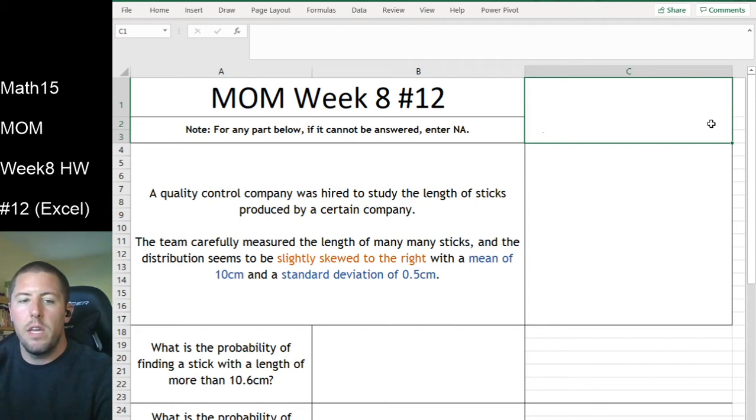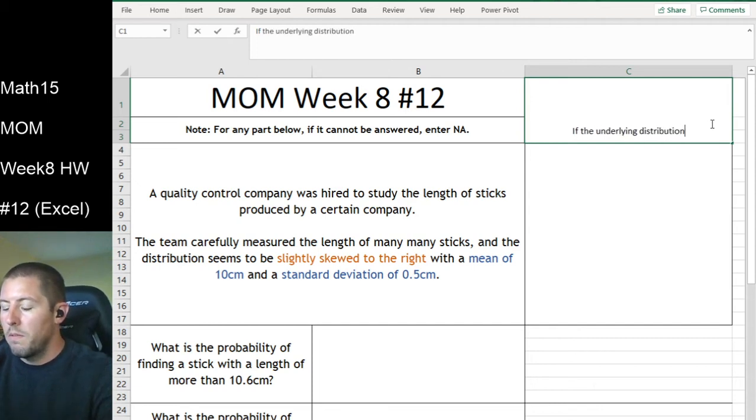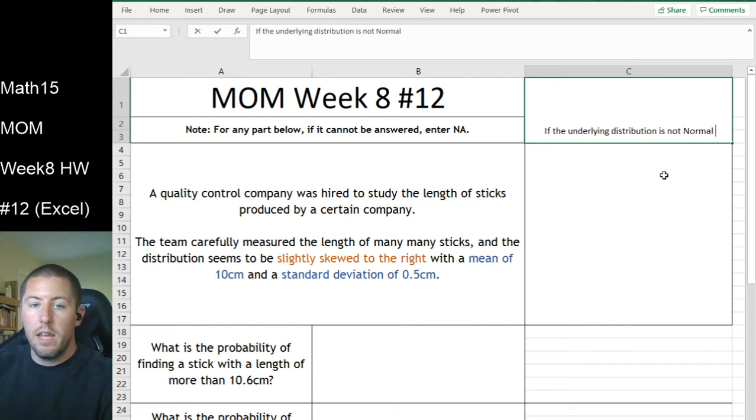So the statements that we should have been gleaning out of the text is that if the underlying distribution is not normal, and notice right here, they're telling us that the lengths of the sticks are slightly skewed right. We're not symmetric. If we're not symmetric, we couldn't possibly be normal, right? So these are coming from a distribution that's not normally distributed.